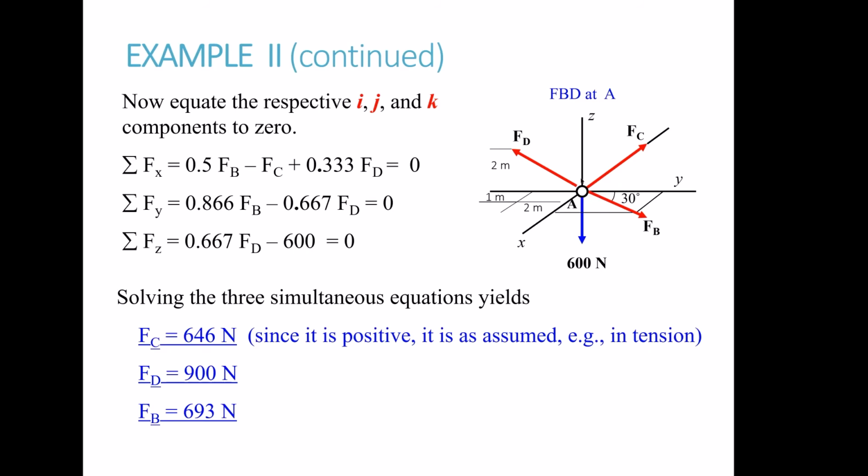So typically with cables, we're going to draw them as away from that point, right? Because they're pulls. They're like pulling on the ring, pulling on the ring, pulling on the ring. And if you had drawn them in the opposite direction, you'd come up with a negative answer. A negative answer means you just drew it in the wrong direction, okay?